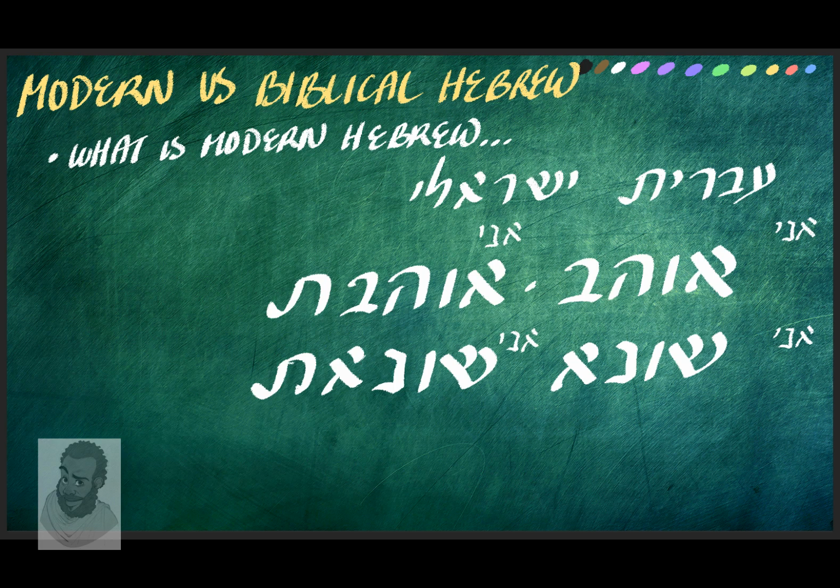So in modern Hebrew, one would use the participle of the biblical Hebrew, right? So again, remember, modern Hebrew incorporates biblical Hebrew. Majority of it is from biblical and Mishnaic Hebrew.